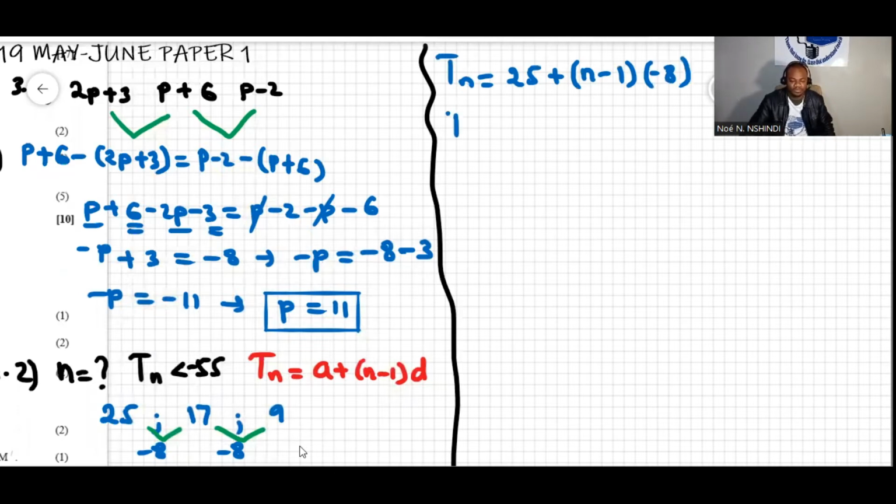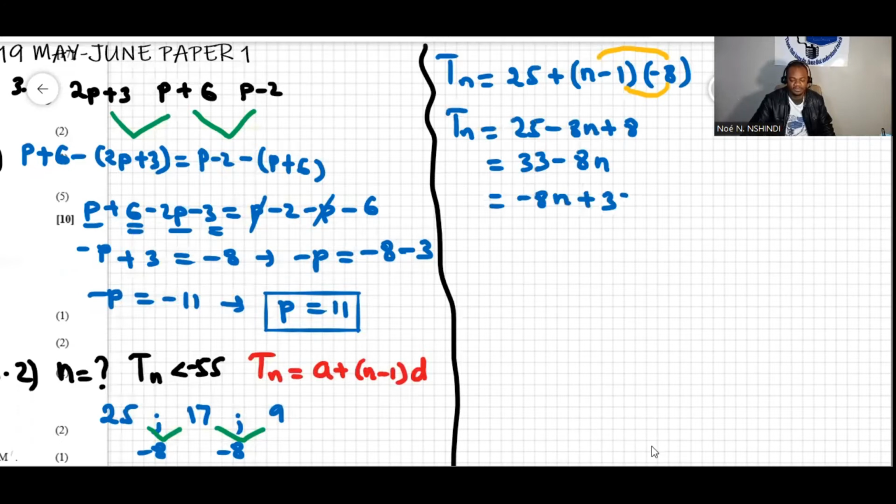So Tn will be equal to 25 minus 8n plus 8, because negative 8 times n, and then negative 8 times negative 1. And then this will be 25 plus 8, which is 33, minus 8n. So I prefer to write negative 8n plus 33. This is Tn.